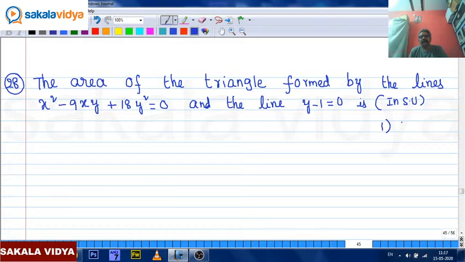First option 3/4, second option 3/2, third option 6, fourth option 3. This is the problem.